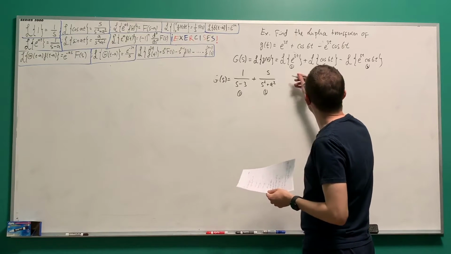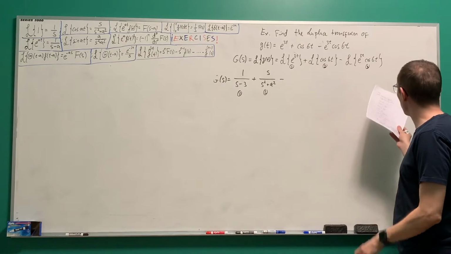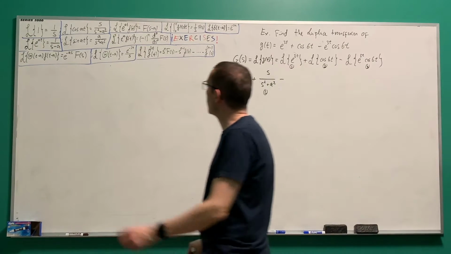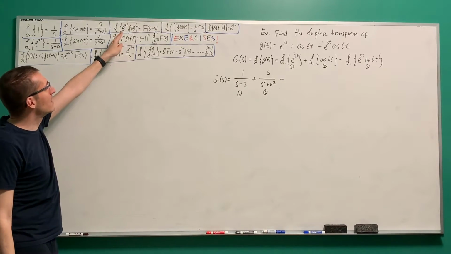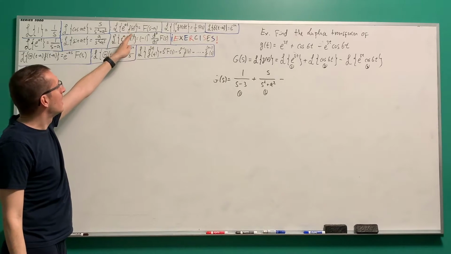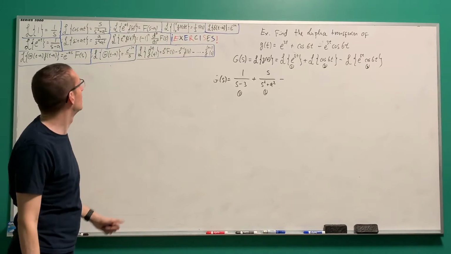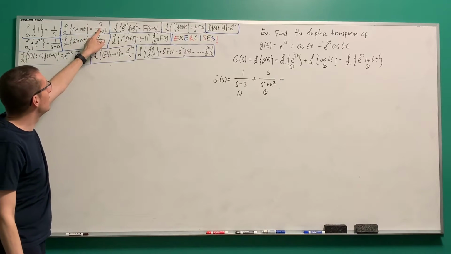The only non-trivial one is this one. But we realize quickly that it's the product of an exponential and a cosine. So it's the first shift theorem that tells me that when I have an exponential multiplying a function, it's the Laplace of the function as if there were no exponential but shifted by a. So the function is the cosine of 6t.